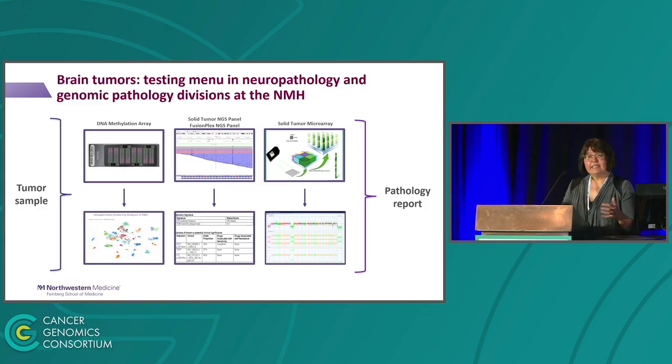As a result of this comprehensive molecular profiling of intracranial tumors, this is the testing menu we offer at Northwestern Medicine, which includes the most popular, very frontline test, molecular characterization by methylation array, and NGS-based tests, both DNA and RNA, and of course, OncoScan.